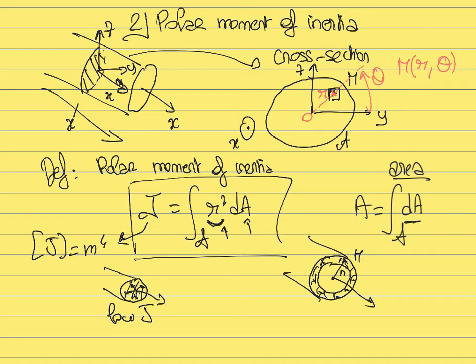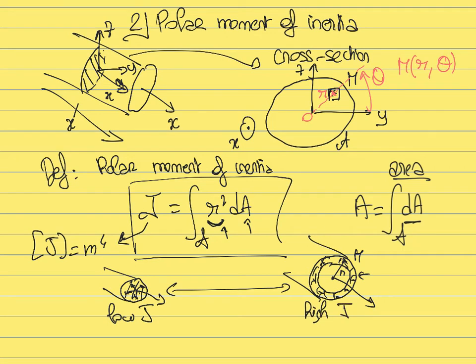Even though those two cross sections may have potentially the same area, because this one is a very thin donut like this, this one would have a much higher polar moment of inertia.